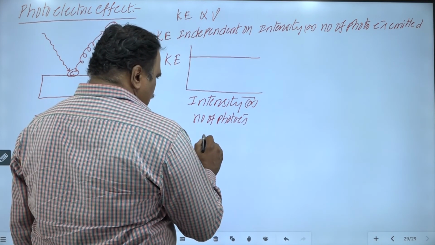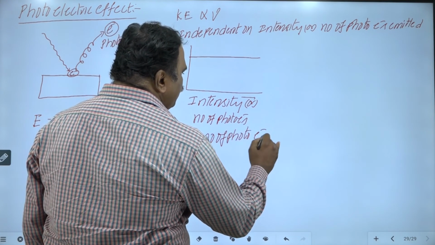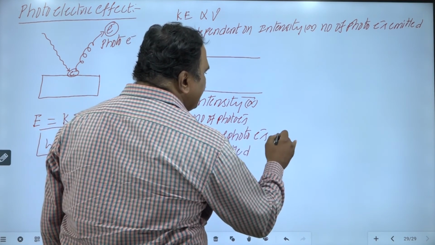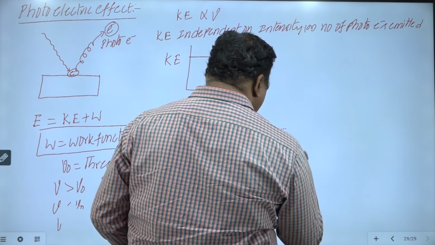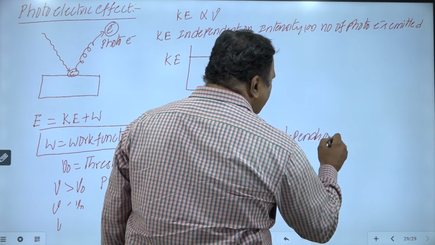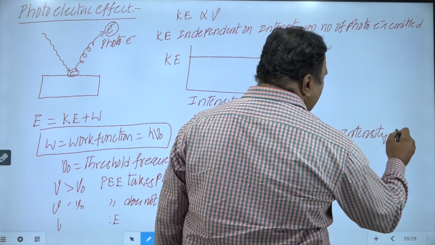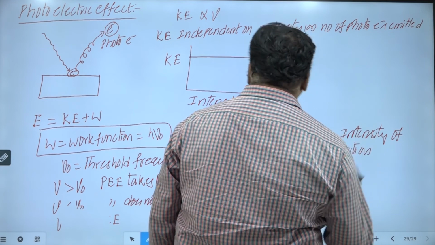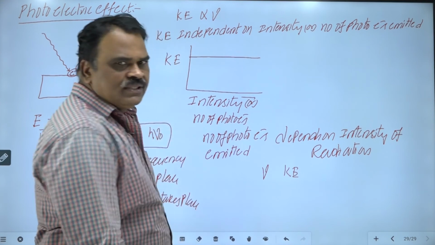Now, number of photoelectrons emitted. Photoelectric current is directly proportional to, or depends on, the intensity of radiation, but is independent of frequency or kinetic energy.